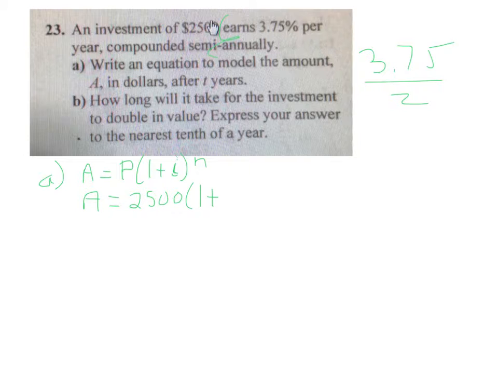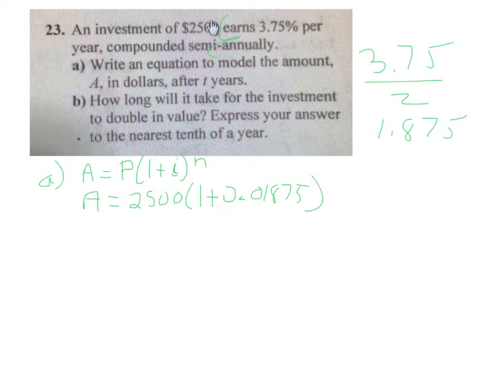So half of 3.75 is 1.875, I think. And so that's what we're going to put here: 0.01875 for your interest rate. And I just changed it from a percent to a decimal by dividing it by 100.